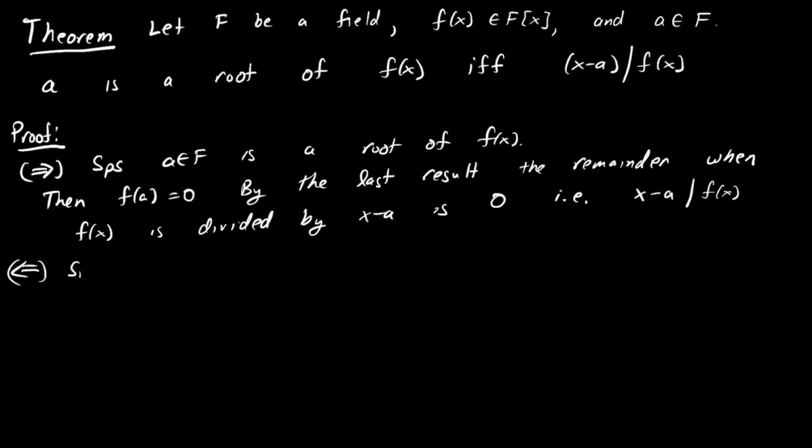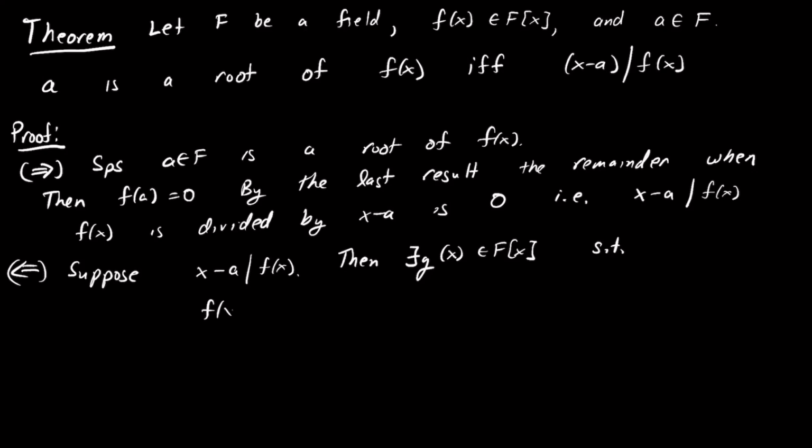So I'll say, suppose x minus a divides f of x. Well, we can apply our definition of divisibility here. All right, so I could say then there exists some polynomial g of x in F bracket x, by definition of divides, such that f of x is equal to x minus a times g of x.